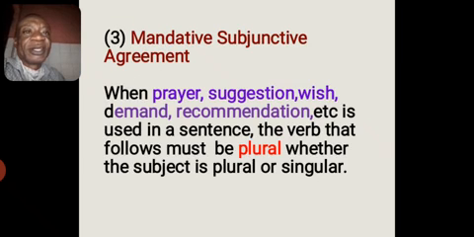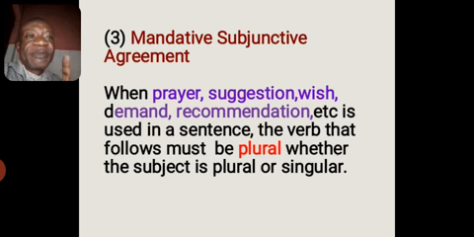Number 3, and this is the big one, mandative subjunctive agreement. I want you to follow this carefully. When prayer, suggestion, wish, demand, recommendation, and so on is used in a sentence, the verb that follows must be plural, whether the subject is plural or singular.